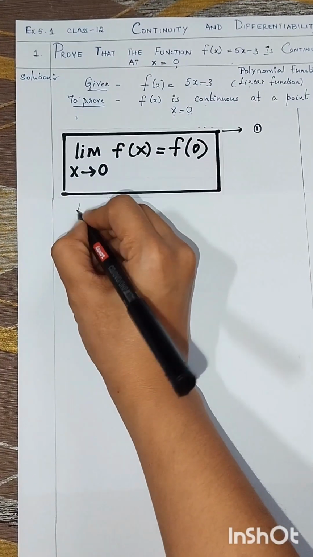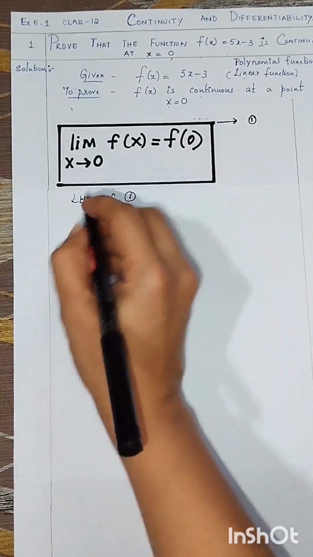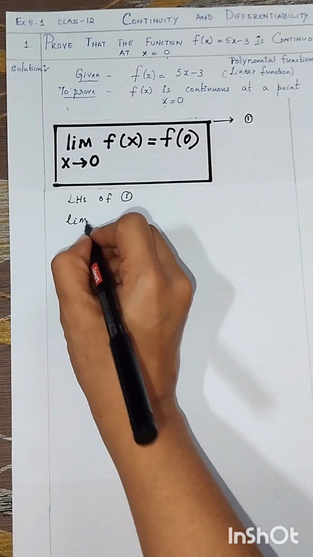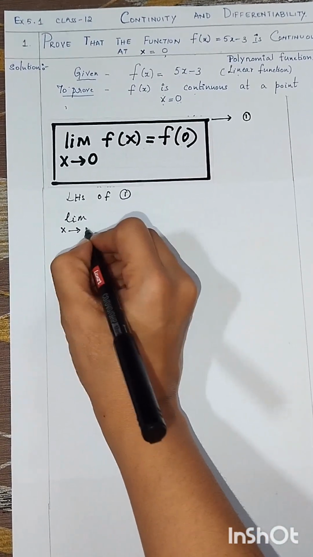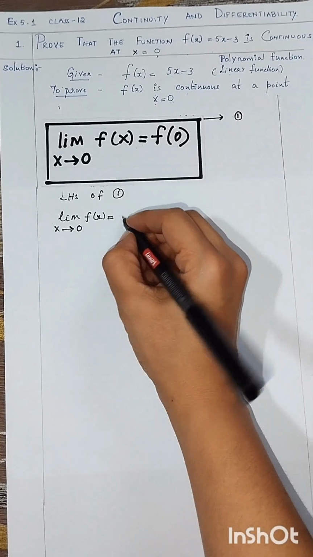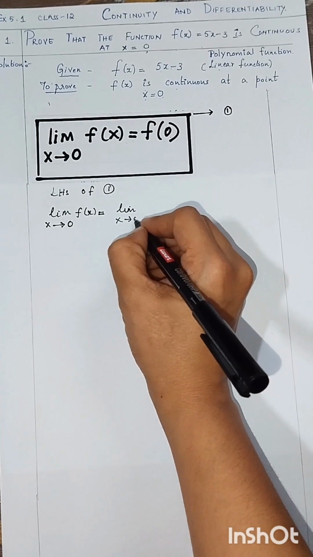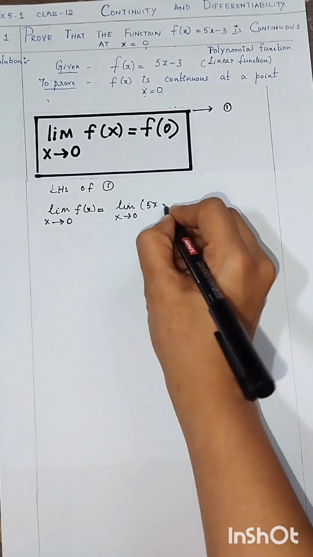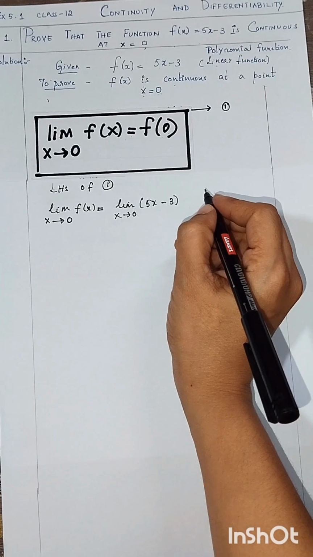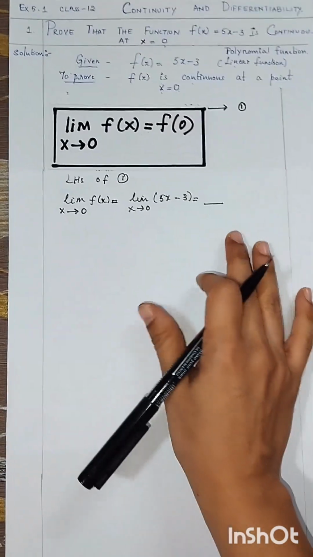Now, the LHS of 1: limit x approaches 0, f of x is equal to, in the place of f of x we will write 5x minus 3. Okay, and now we have to find the value of this limit.